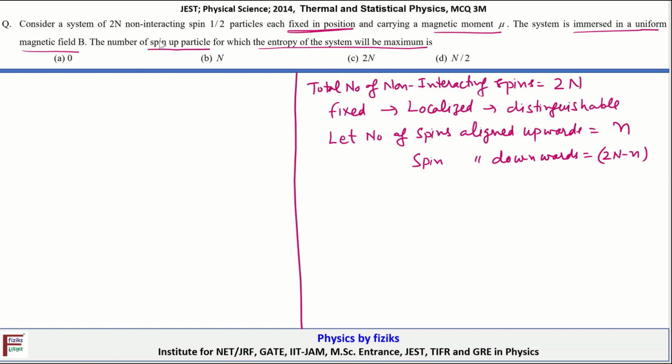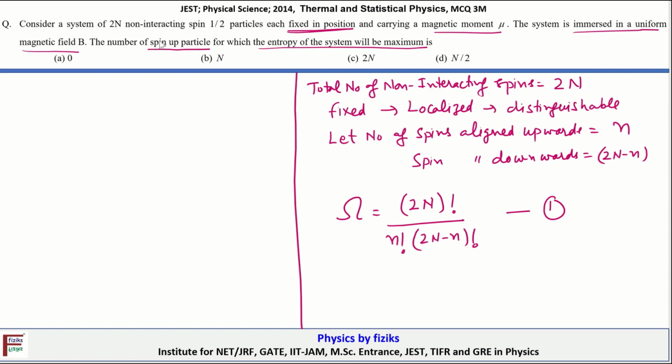Therefore the number of microstates omega of choosing small n spins up out of 2n is 2n factorial divided by n factorial and then (2n minus n) factorial. So this represents the number of ways of choosing small n out of 2n.